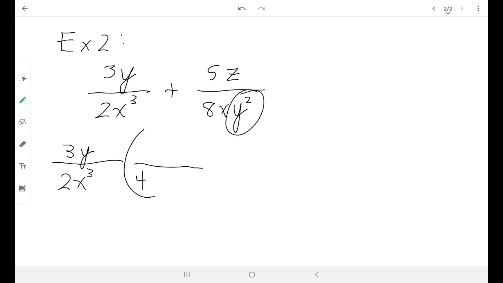But I have 2 y's here, and over here I have no y's at all. So I need to multiply by both of those y's. And I can't just do it on the bottom. I have to do it on the top also, because I need to multiply by 1 in some clever fashion for each one of these.